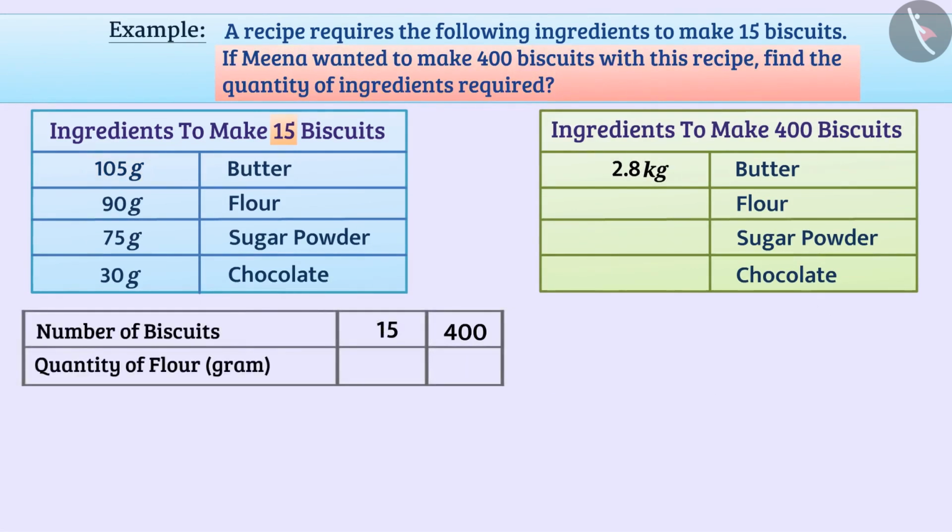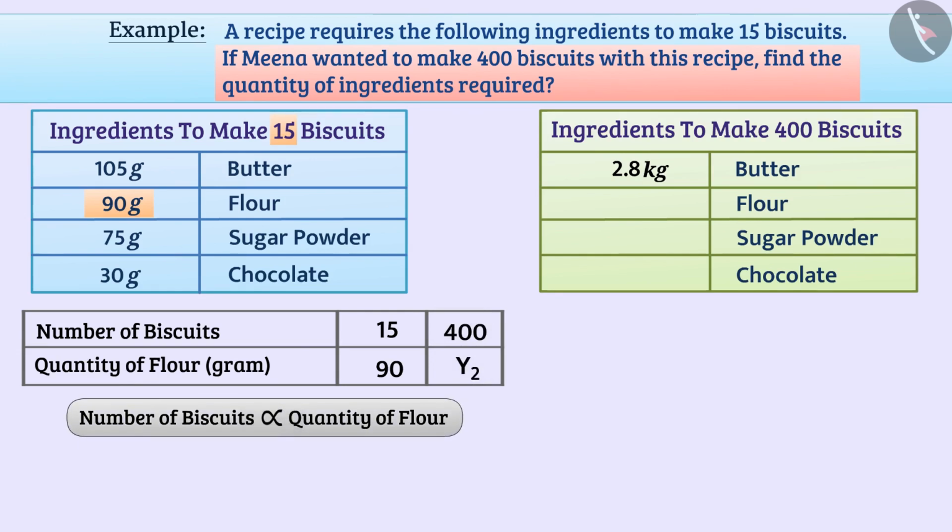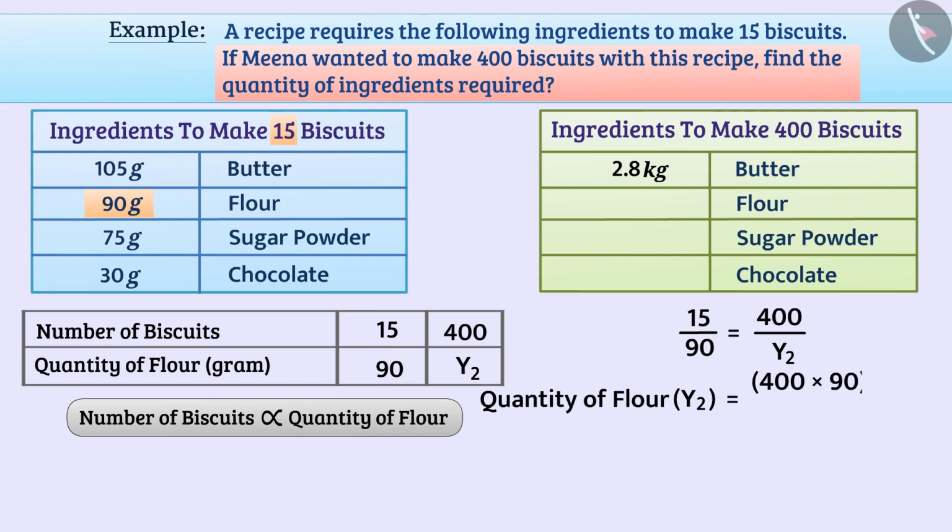We can show the relationship between the number of biscuits and the quantity of flour in this way. Now suppose the required quantity of flour to make 400 biscuits is Y2. Since the number of biscuits and the quantity of flour is directly proportional, 15 divided by 90 is equal to 400 divided by Y2. Therefore, the quantity of flour, that is Y2, is equal to 400 multiplied by 90 divided by 15 gram, which is equal to 2400 grams, which is equal to 2.4 kilograms.